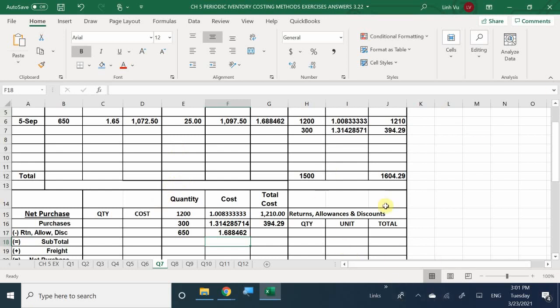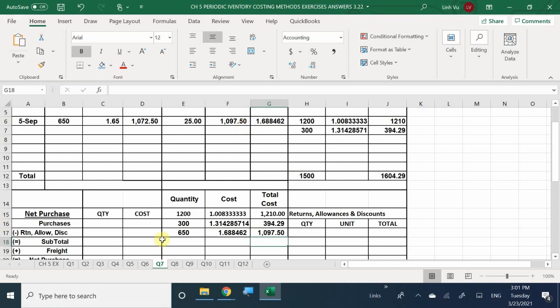And I know for a fact that this whole column right here is going to cost me $1,097.50. You can calculate your cost per item however you want to do it, or your total cost could be the formula. But once again, this is just what we have on hand. We're going to use those formulas down below when we actually calculate our cost of goods sold. So this, I'm just showing what I have available.